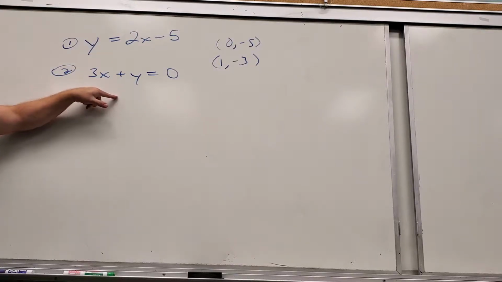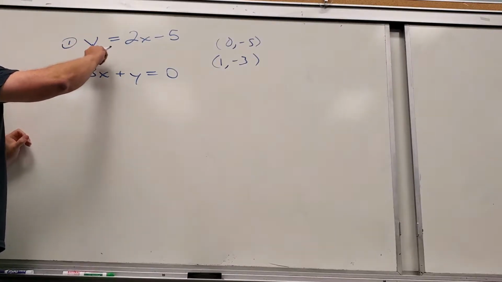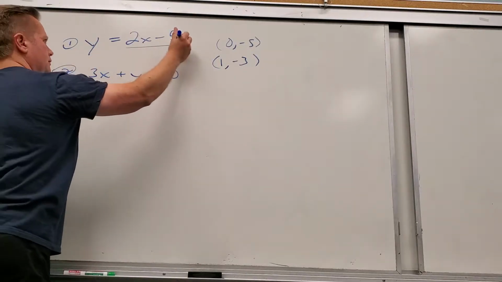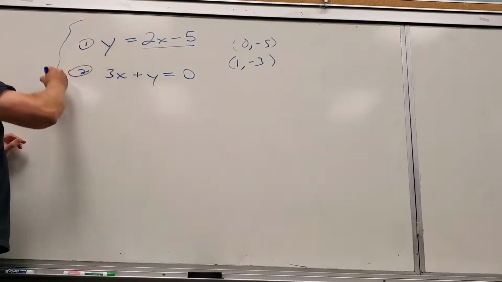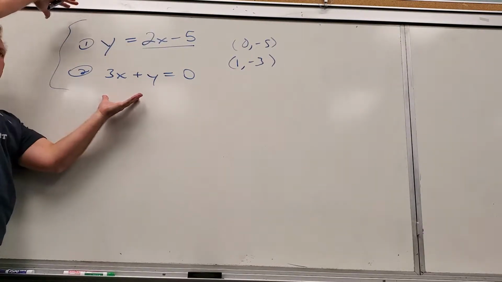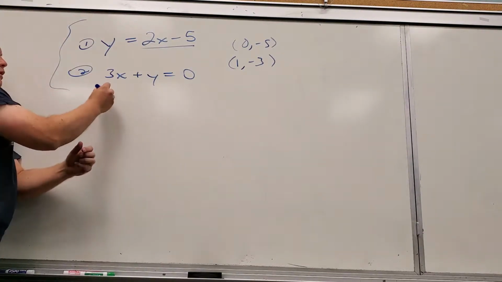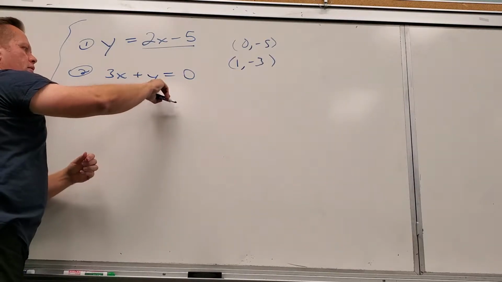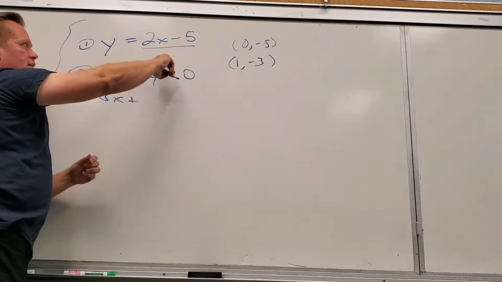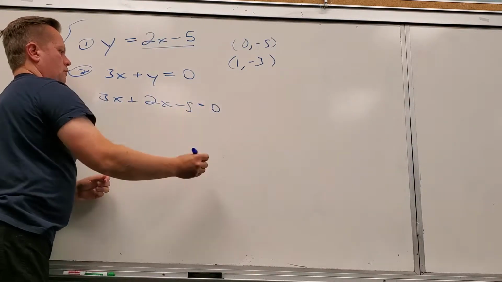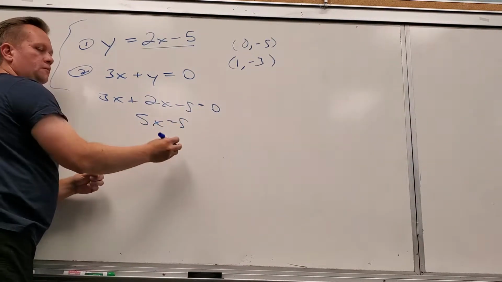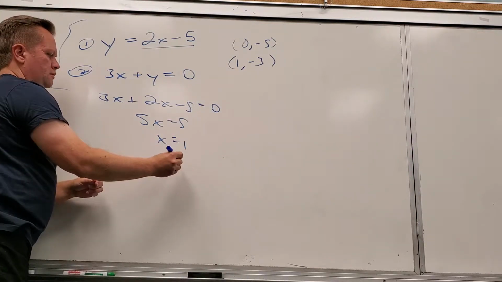Here y equals 2x minus 5. So when I see a y in this problem, these are both true. This is 3x plus y, but what am I going to put there? 2x minus 5, because that's what y is. And then I get 5x equals 5. X equals 1.